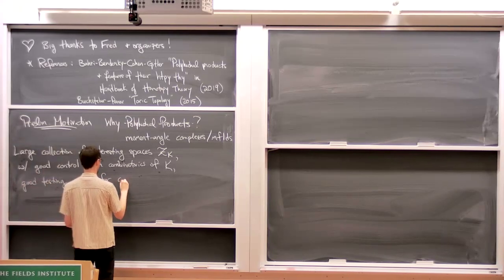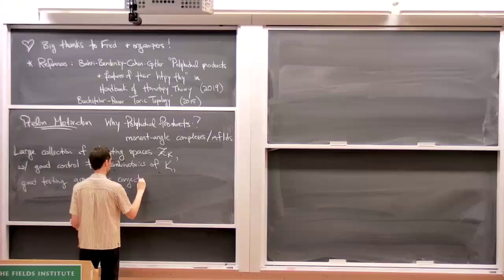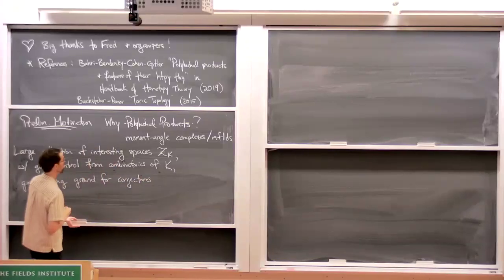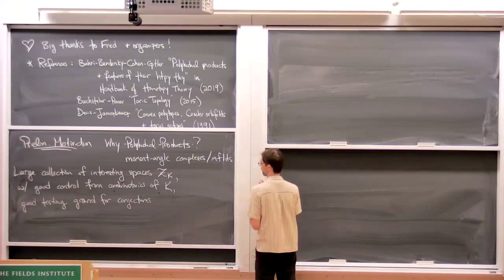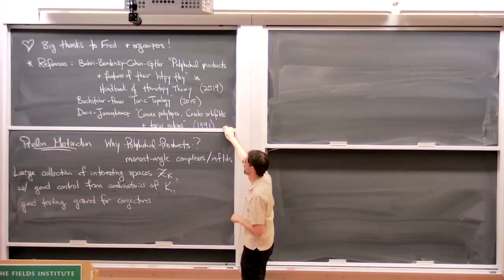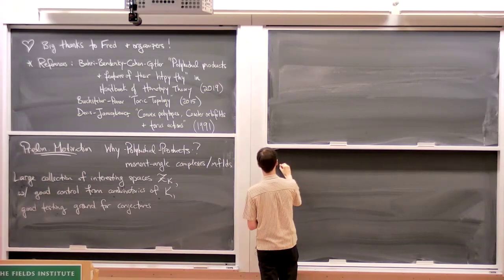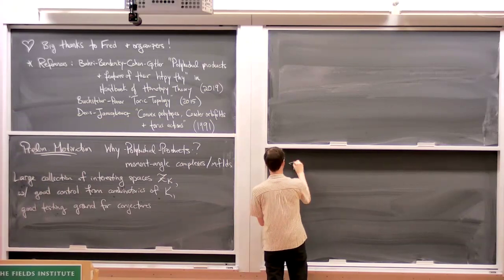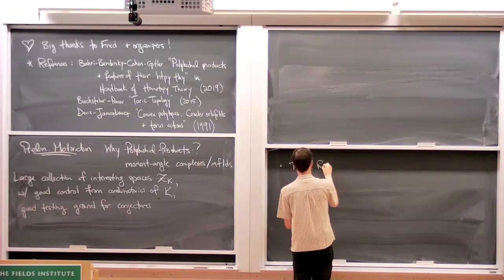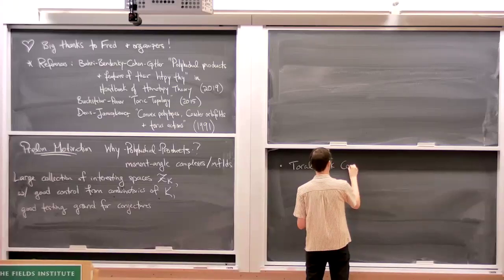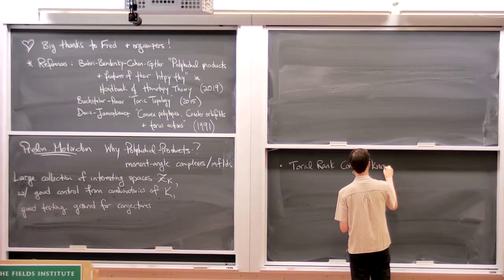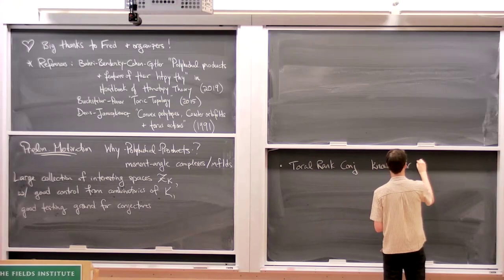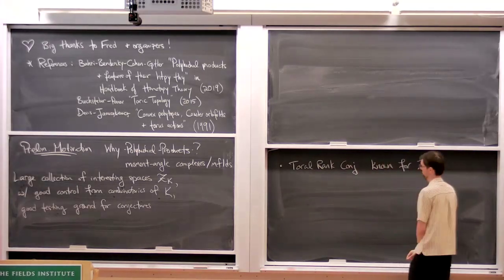So I'll just mention a couple right now, and maybe I should write below here. But one big one coming from toric topology, or really coming from rational homotopy theory before that, is something called the toral rank conjecture. I won't say much about it, but this is something that's wide open in general, but known for moment angle complexes.